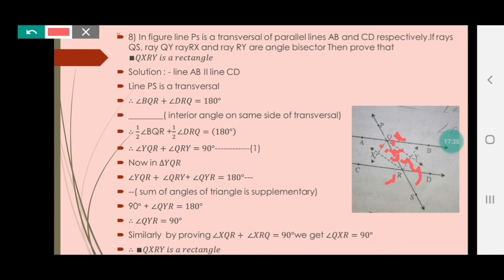Now I'll add up all the angles inside the quadrilateral. It will be equal to angle X plus angle R plus angle Y plus angle Q. That will be equal to 360 degrees. Now X and Y is equal to 90 degrees, so it turns out to be 180 degrees. So what is the measure of angle Q plus angle R?